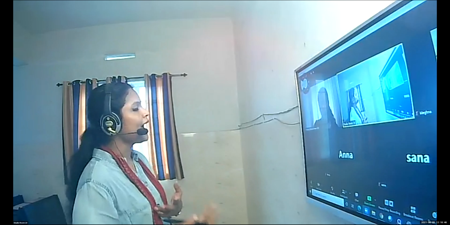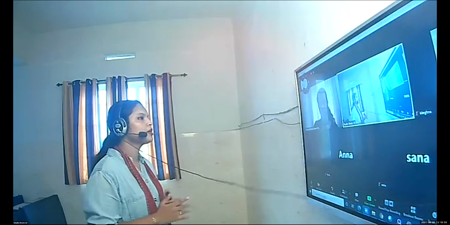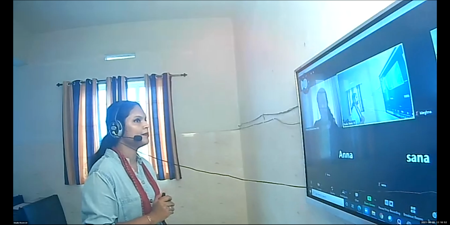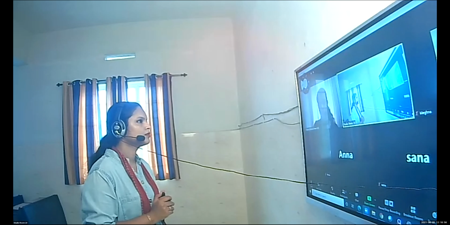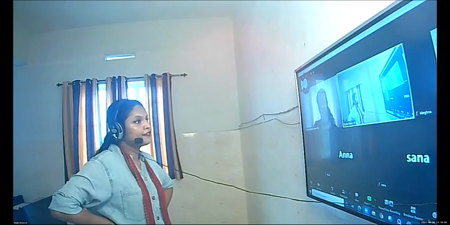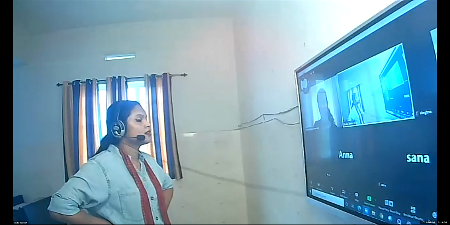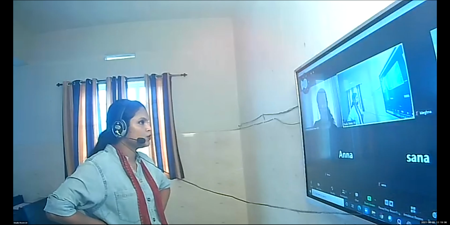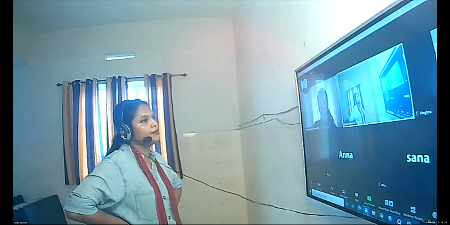So what will happen if we burn cotton fibers or cotton fabric? What will happen if we burn cotton, linen, silk, jute, whatever natural fabrics or fibers?